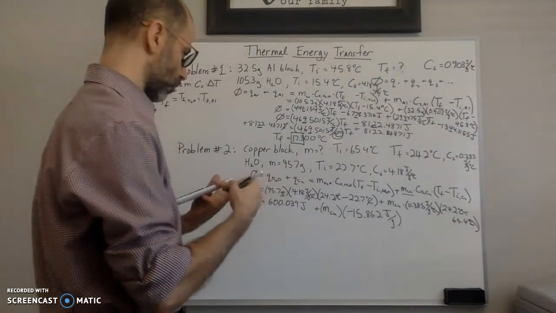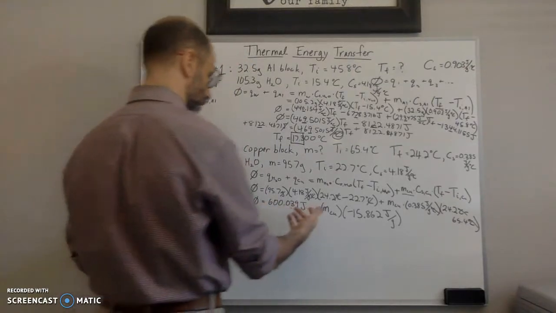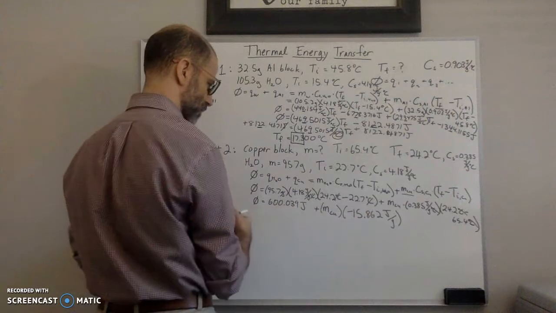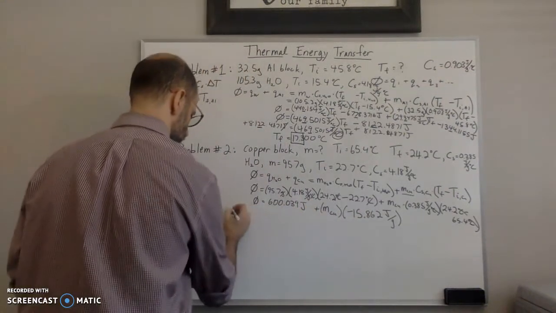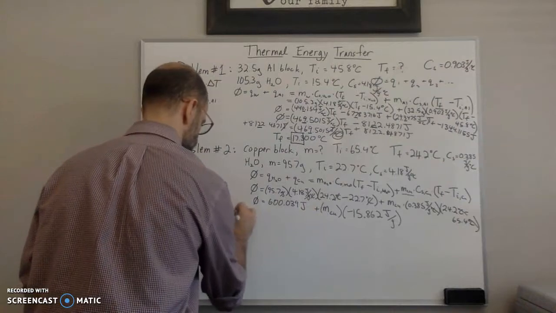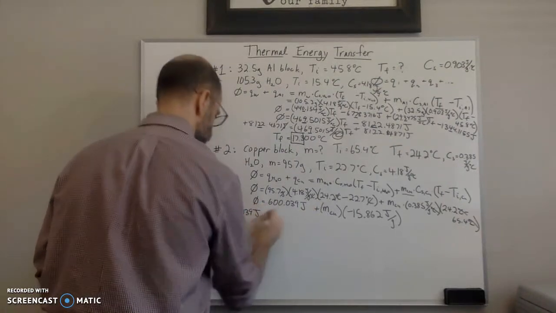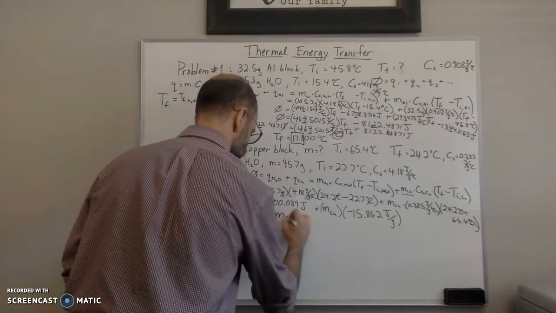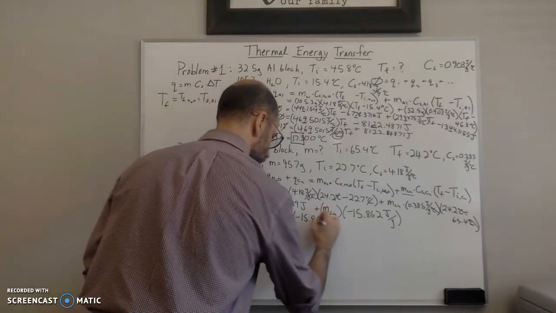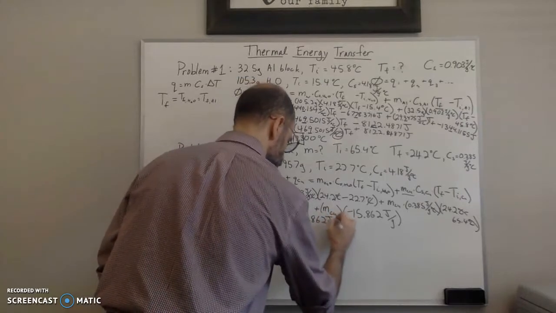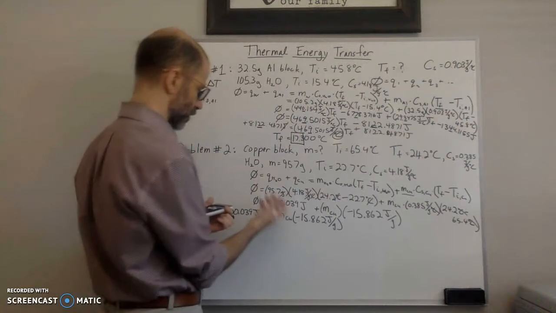Okay, so now what I'm going to do is I bring one of these to one of the sides, it doesn't matter. So if I bring this one over here, that's going to be a negative, so I'm going to have negative 600.039 joules is equal to the mass of copper multiplied by negative 15.862 joules per gram.